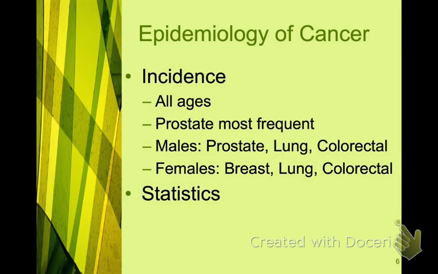There are a couple of charts in your book on page 235: cancer incidence by site and gender, and cancer deaths by site and gender. I wouldn't try to memorize this chart, but just be aware that males have higher risk for prostate, women breast.